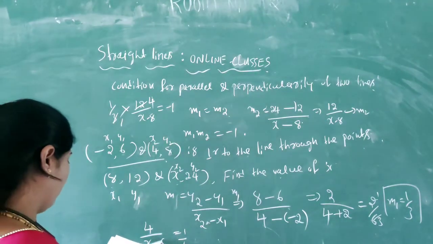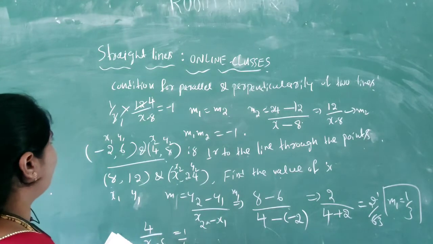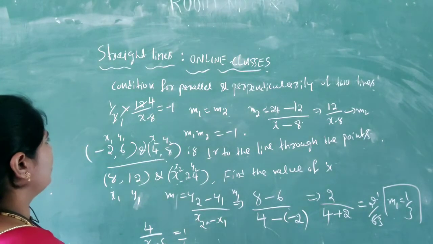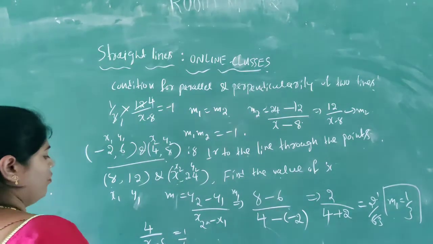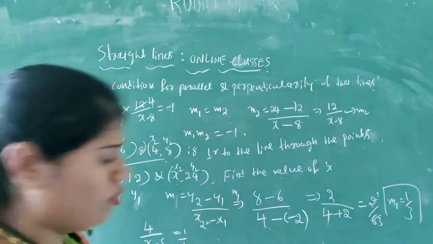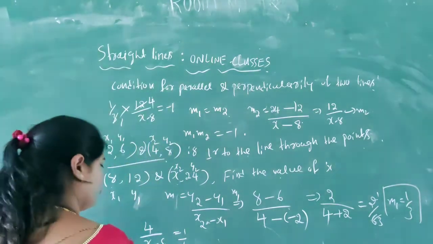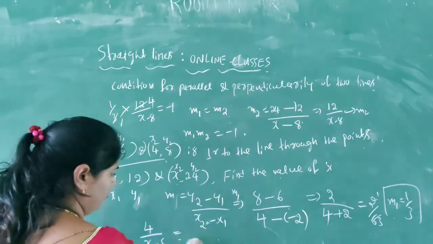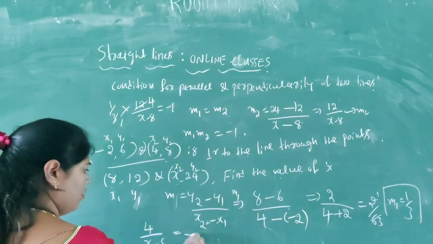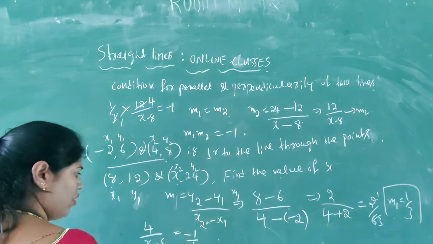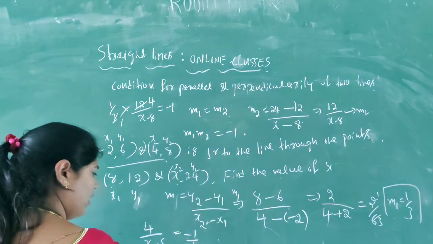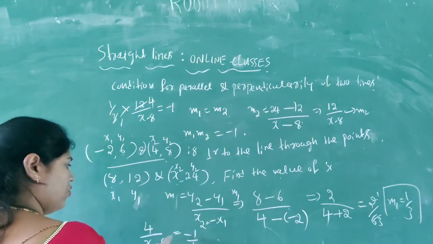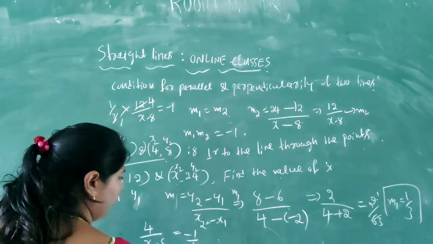So 4 is equal to minus x, minus into minus is plus 8.